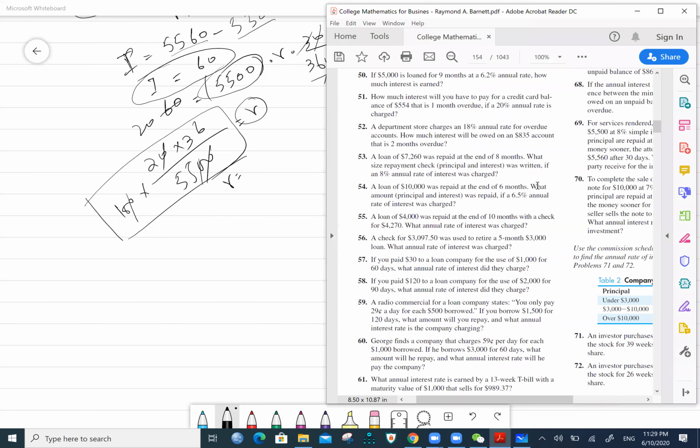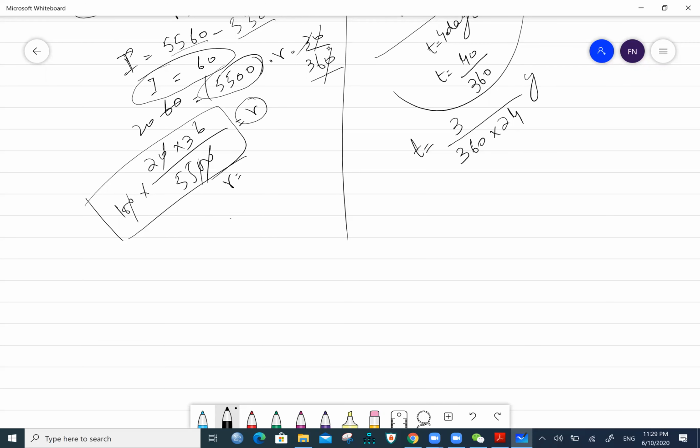Can I ask a question? Why is there 20 in that? You can solve it in any way. For example, 60 equals 5,500 times R times 30 divided by 360. Now you can solve it.